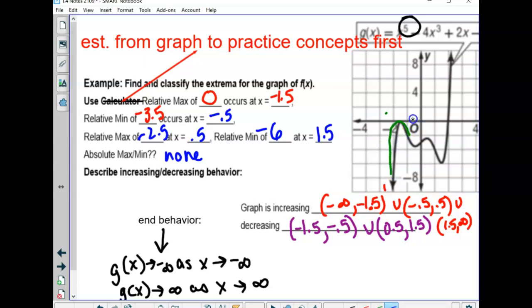Now, clarify for me though, between this max and this min, did it change bend? It actually did, because do you see that it starts to be a happy face in there somewhere? Often between a max and a min, almost always there'll be an inflection point. It has to change bend in order to change from increasing to decreasing at some point.